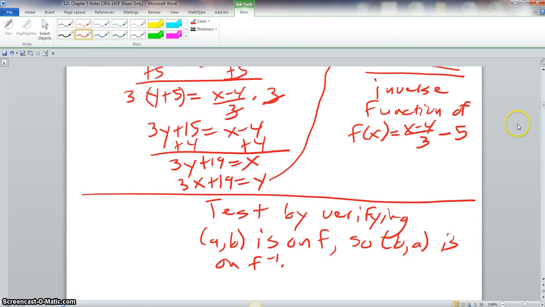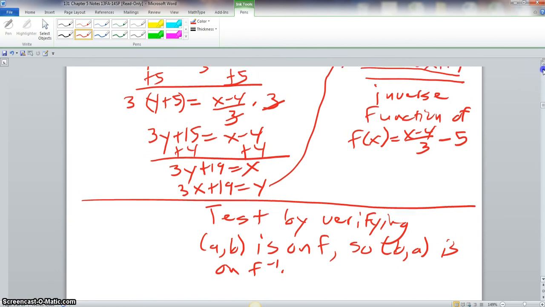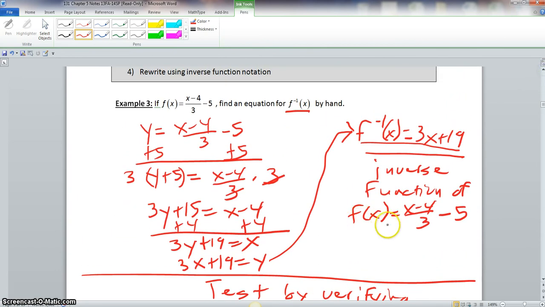So basically, if we took this problem here, and let's say I wanted to use 1 for x. Let's just use this with the original equation. So 1 minus 4 we know is negative 3, over 3, minus 5.